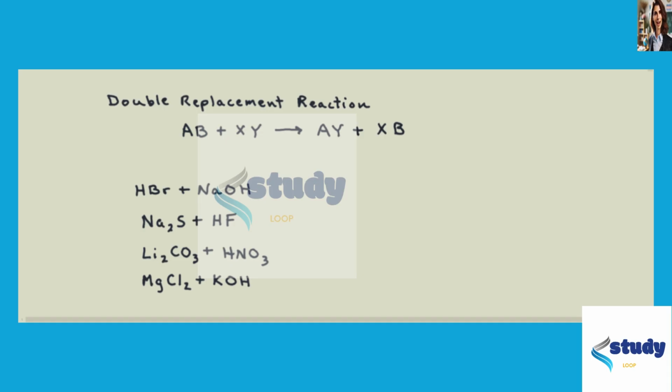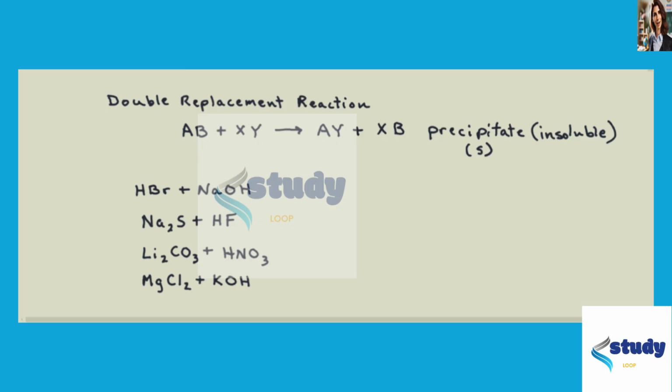And if we are looking for a precipitation reaction, one of these new products must form a precipitate. And what that means is it is insoluble in water. And we typically write a precipitate as a little s, meaning that it formed solid particles. All right, to help us out to determine if we form a precipitate, we need to look at the solubility rules.